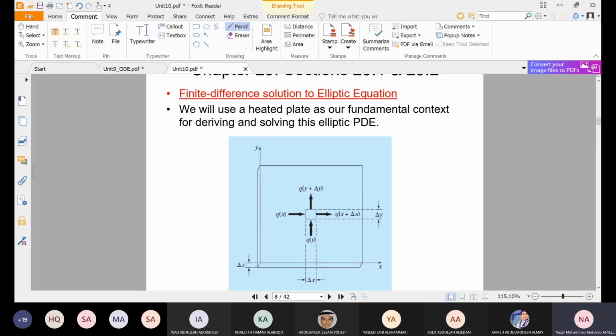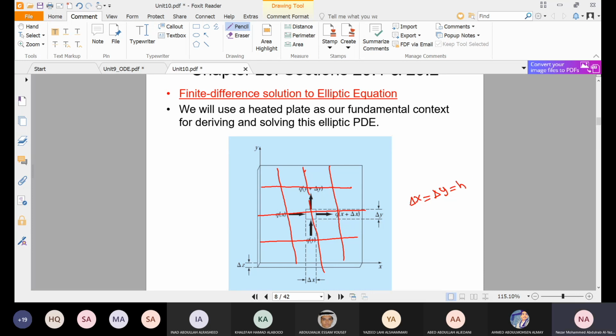We have step size in X and Y, and usually we assume delta X equals delta Y. This will simplify the solution. We can distribute the grid like this, with delta X and delta Y. Sometimes the step size in X is different from the step size in Y, but here for simplification we assume delta X equals delta Y and is equal to h.